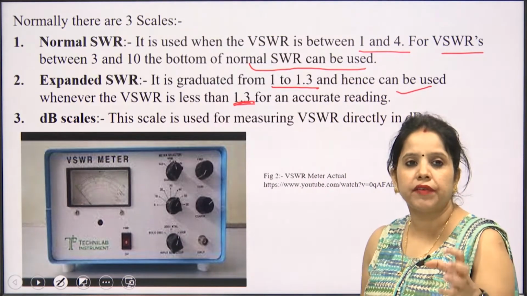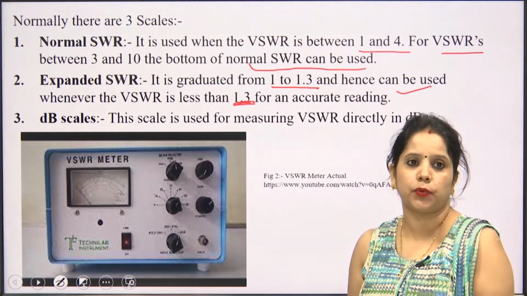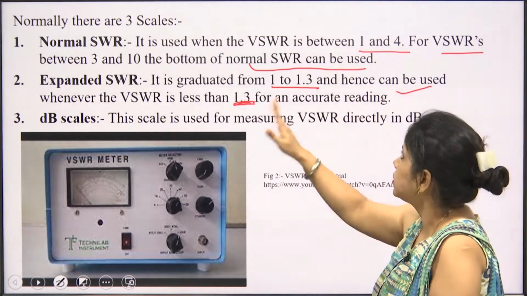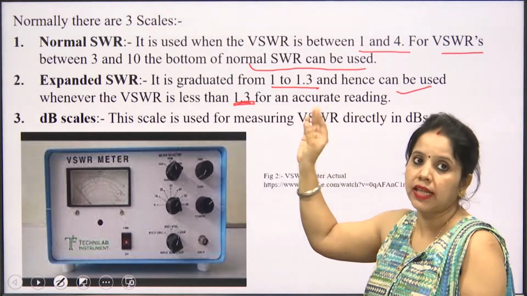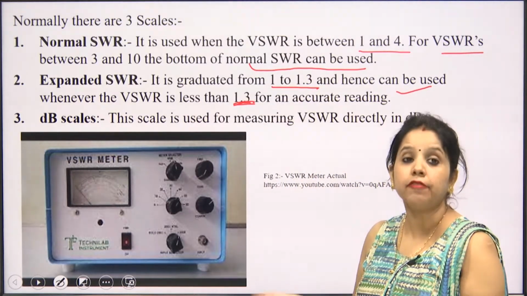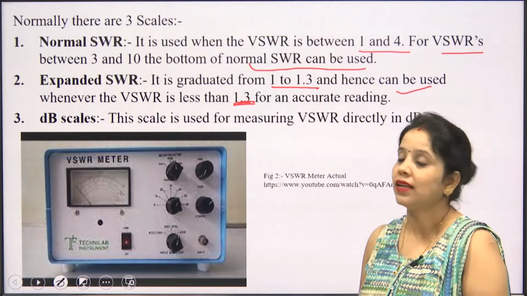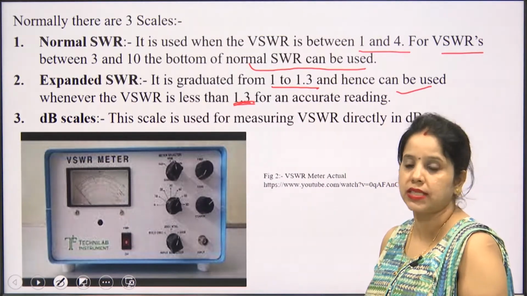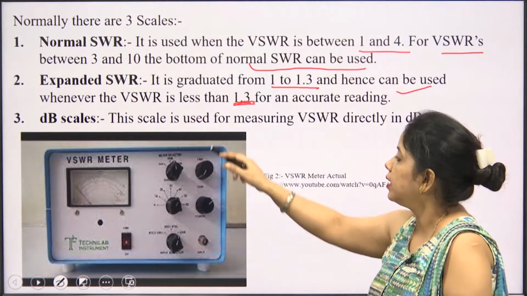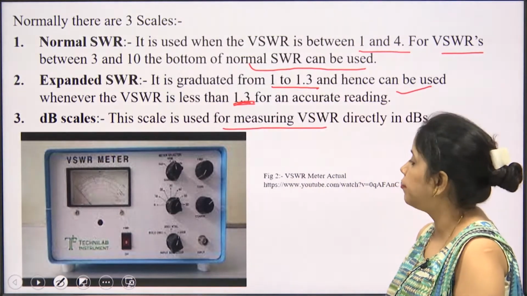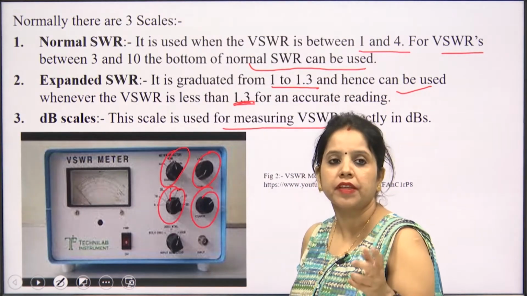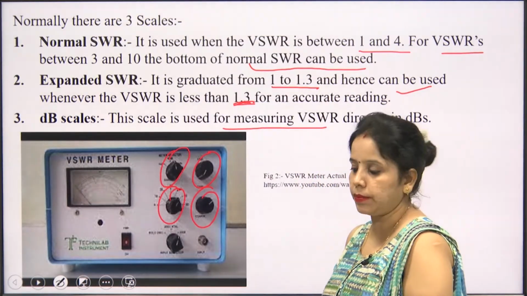So, in general, whenever we have a device whose SWR has to be calculated, first we read the normal SWR, and if its value lies in that range, it is okay. If it is tending towards 1 and we want the most precise result, then we move towards the expanded SWR. And normally we measure the SWR in terms of dB. So, again a dB scale is attached, and various knobs are attached for proper functioning and calibrating of the SWR.